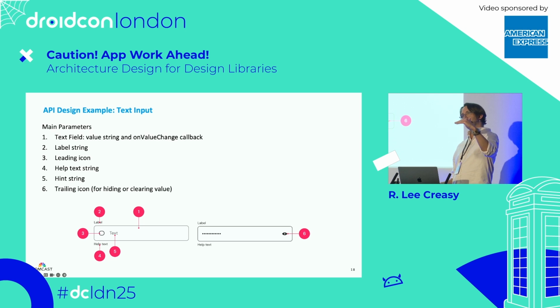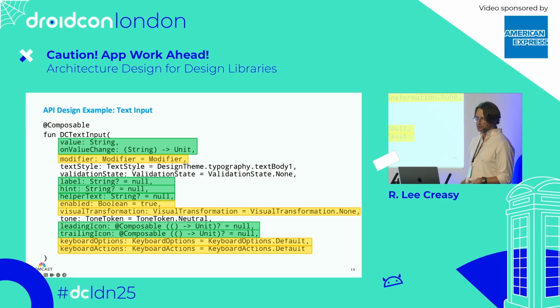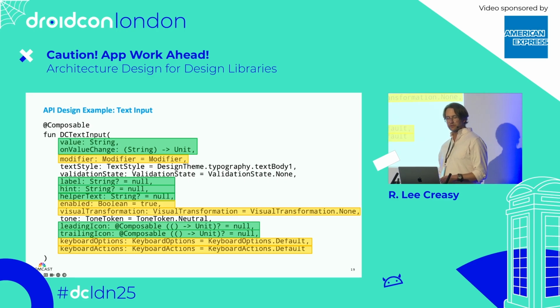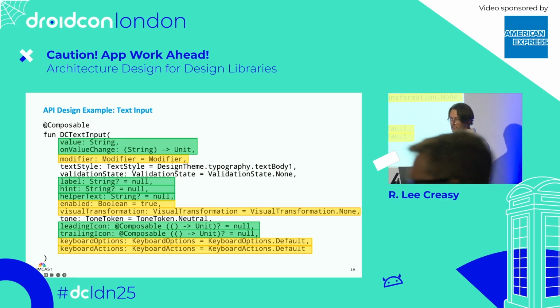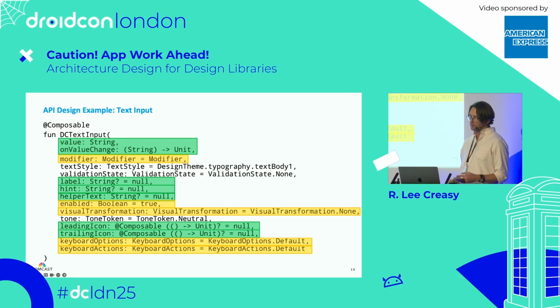But then we would build another method on top of this, right, that automatically plugs it into the content slot, as I'll show you here. So this would be like a full method signature with a value and on value change. And I've shaded the parameters in yellow that are standard for either all the components, like modifier, text inputs, and keyboard actions.